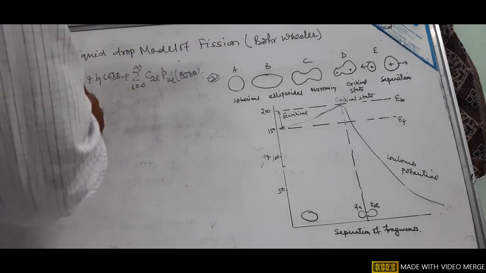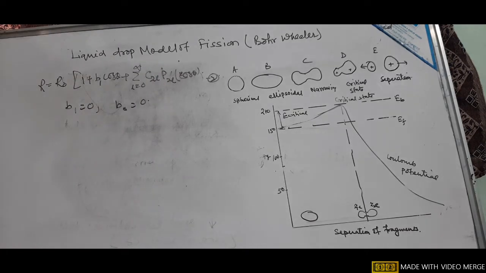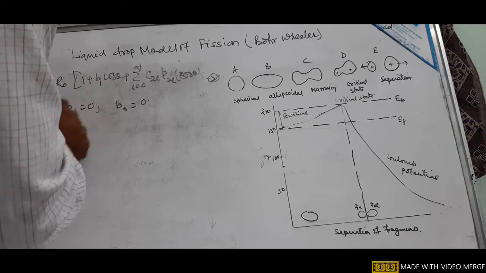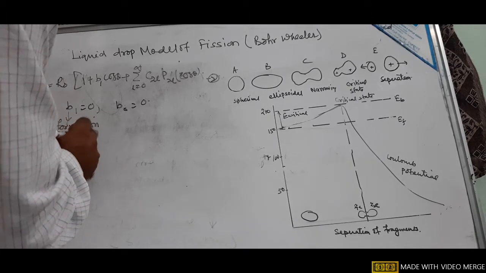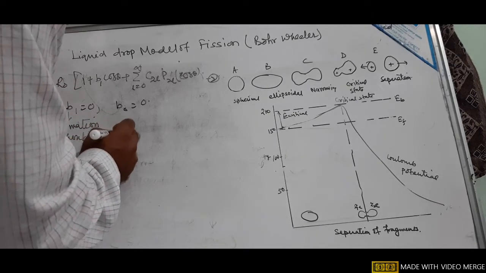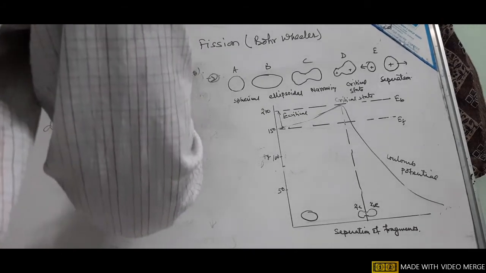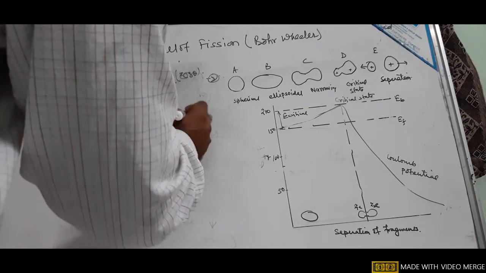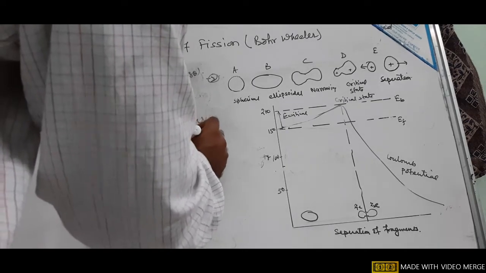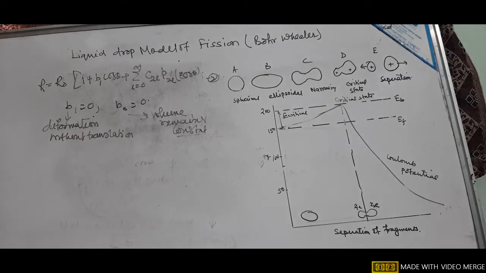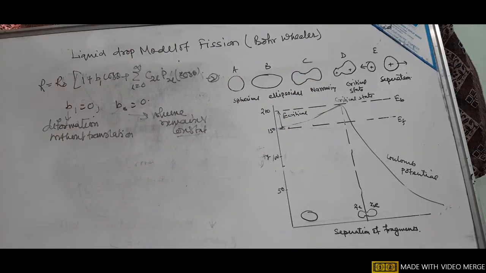Where b1 equal to 0 and b0 equal to 0. b1 equal to 0 means deformation without translation, and b0 is 0 because the volume remains constant. So we are taking b0 as 0 and b1 as 0.